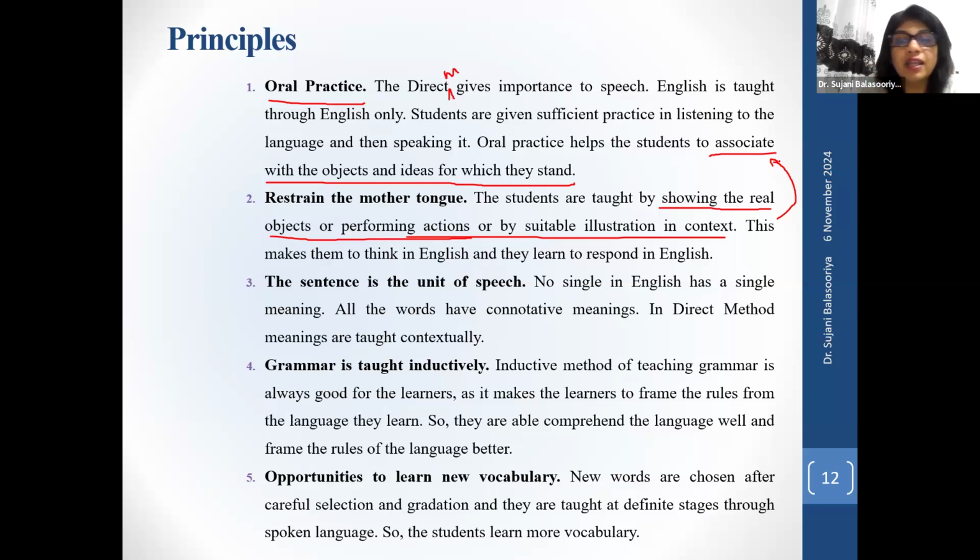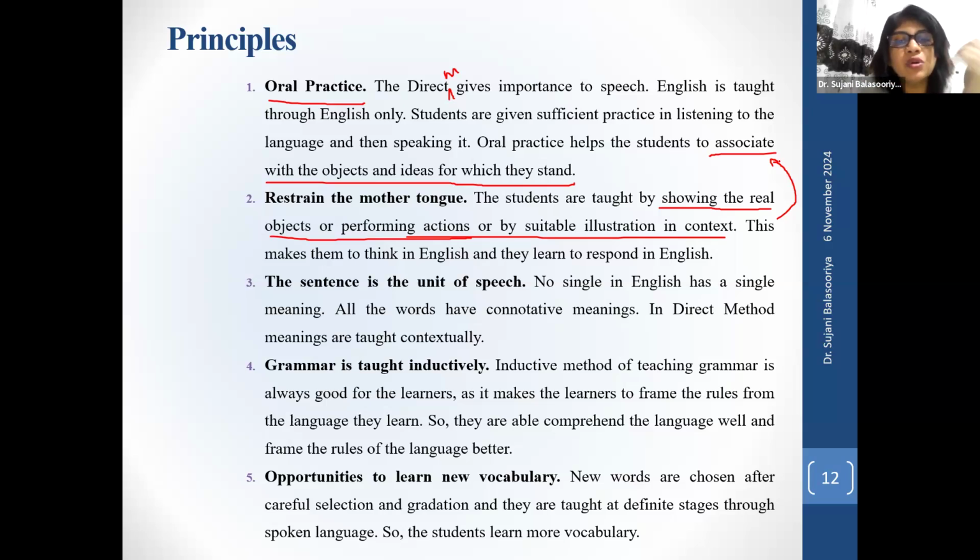But that kind of thing we didn't see in the grammar translation method. We did not associate the context there. But you know very well, depending on the context, the language changes. The meaning we convey changes. That is considered in the direct method. That's the idea there.